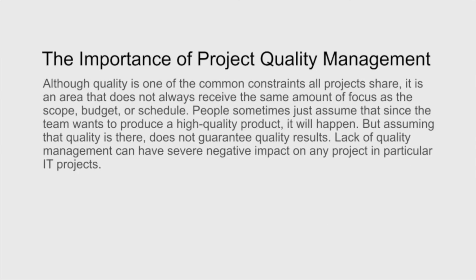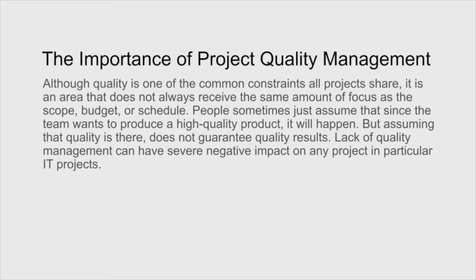Although quality is one of the common constraints of projects, because we need to keep the cost down, for example, and we need to keep the customer happy, it's really an area that doesn't receive enough focus by managers. And it affects the scope, the budget, the schedule, all of these things. Quality standards really impact it.